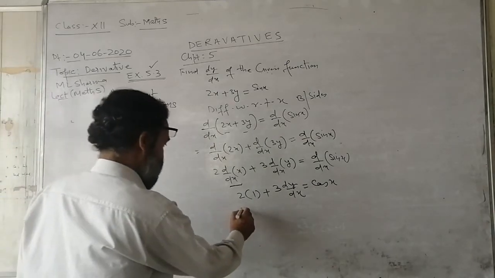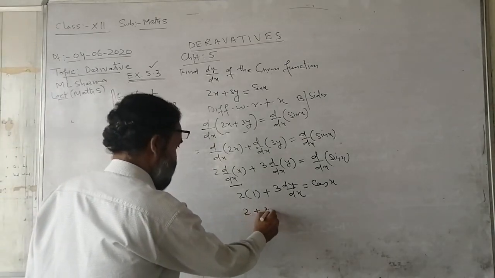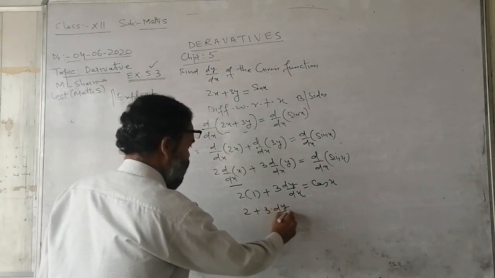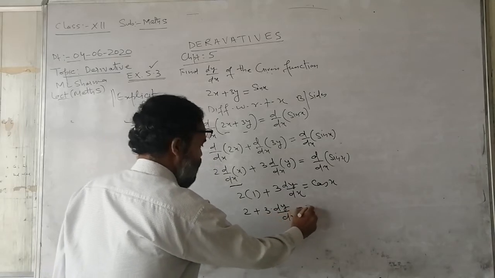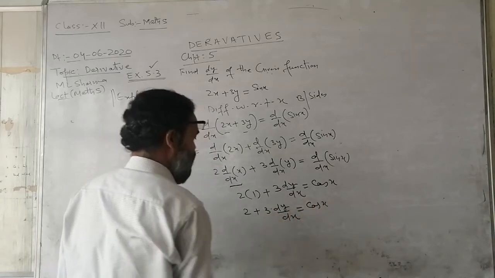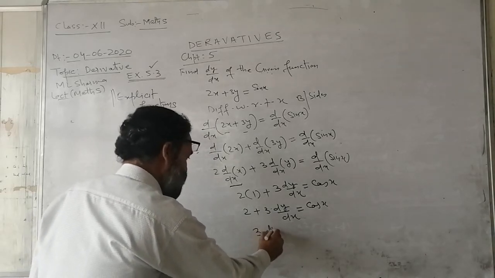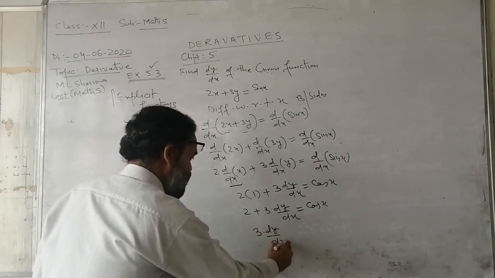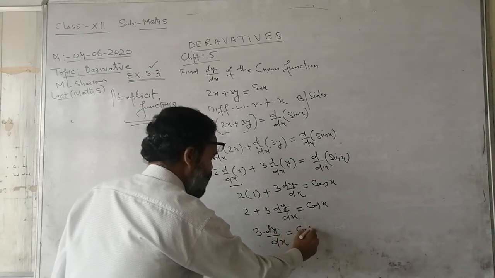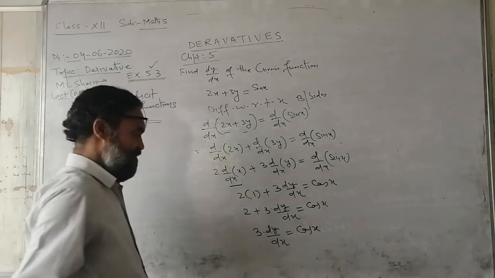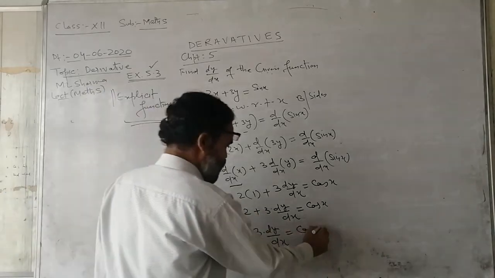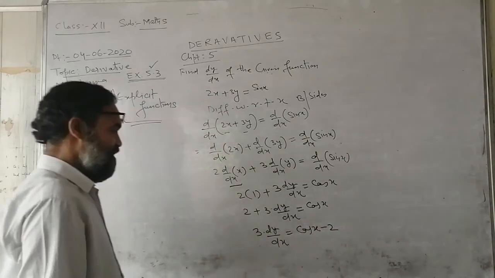So I can write 2 plus 3 into dy upon dx equals cos x, or 3 into dy upon dx equals cos x minus 2, transferring the 2 to the right side.